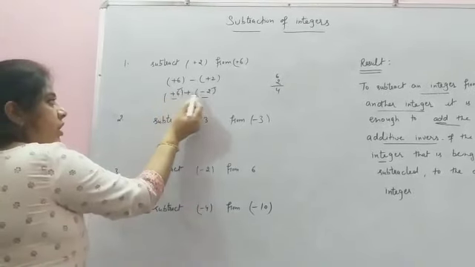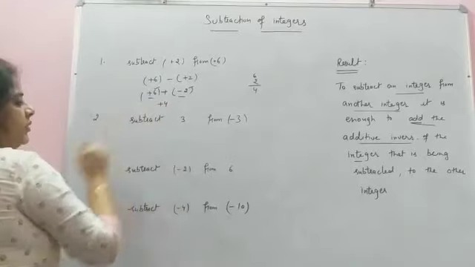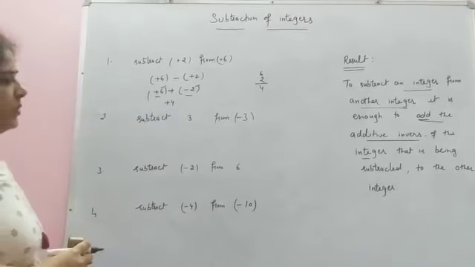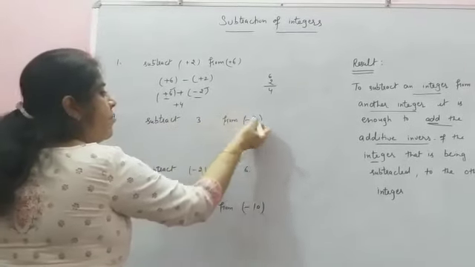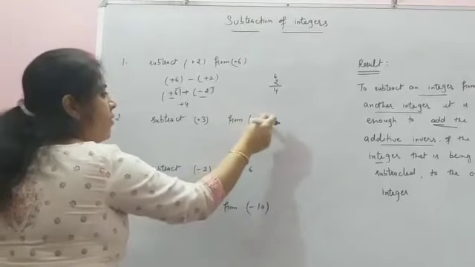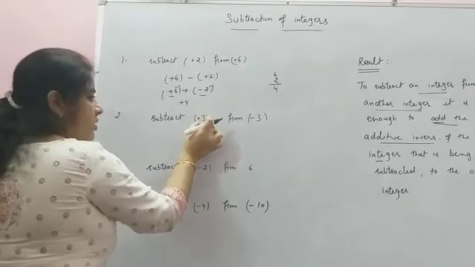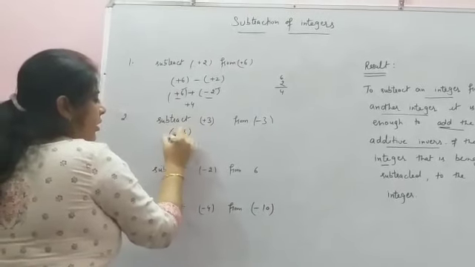Now which integer is bigger here? 6. So what sign will come in the answer? Plus. Now come to the next. Here we have to subtract 3 from minus 3. It means subtract plus 3 from minus 3. This integer will be subtracted from this, so we keep it like this.